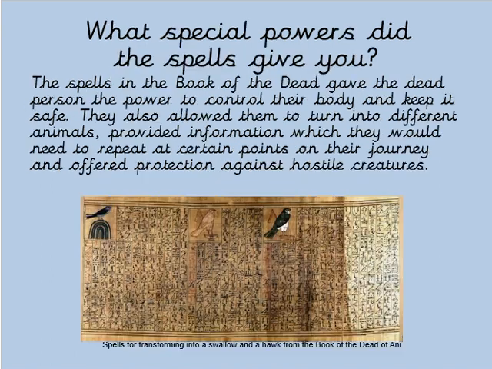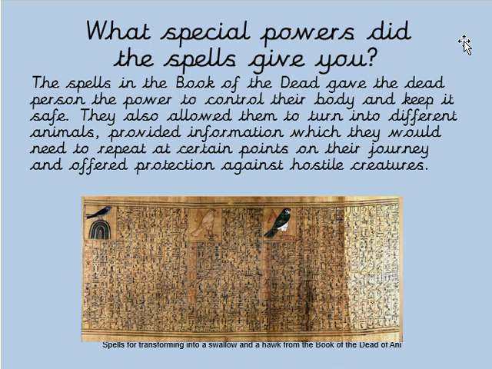What special powers did the spells give you? The spells in the Book of the Dead gave the dead person the power to control their body and keep it safe. They also allowed them to turn into different animals, provided information which they would need to repeat at certain points on the journey, and offered protection against hostile creatures.